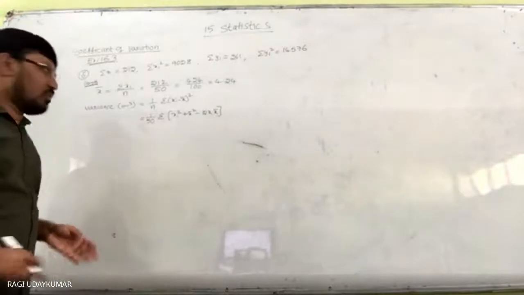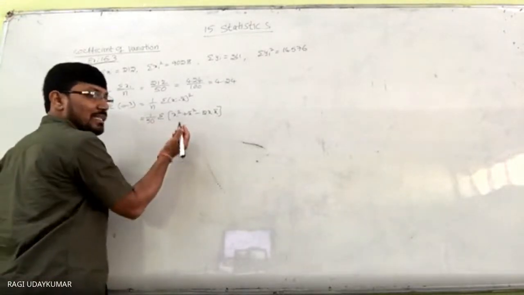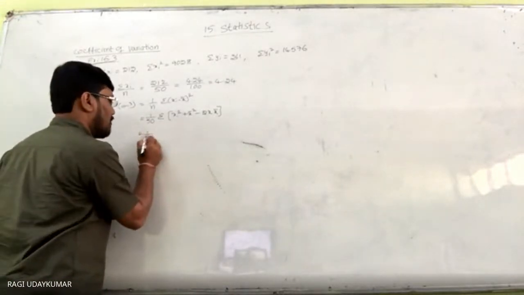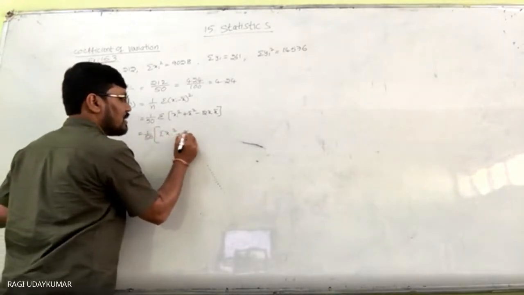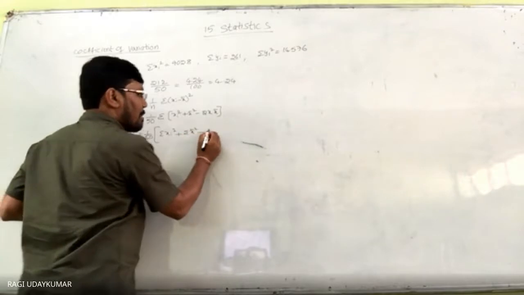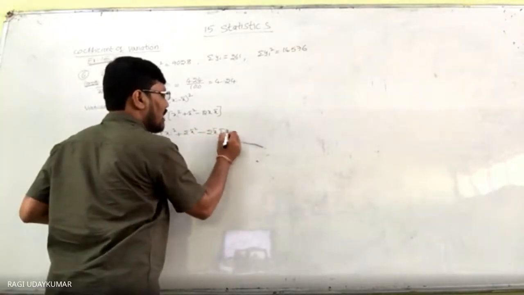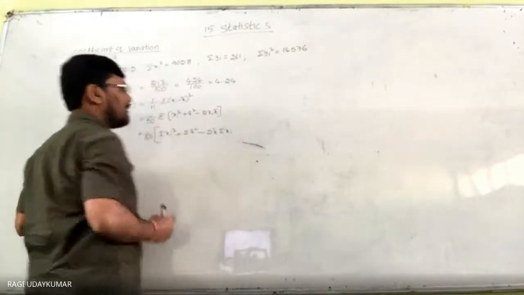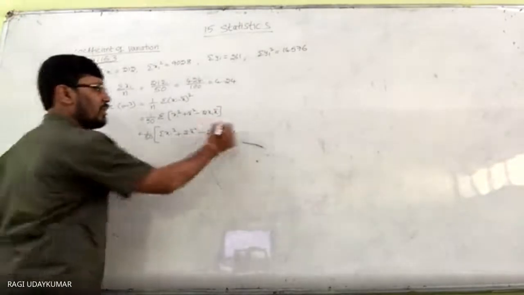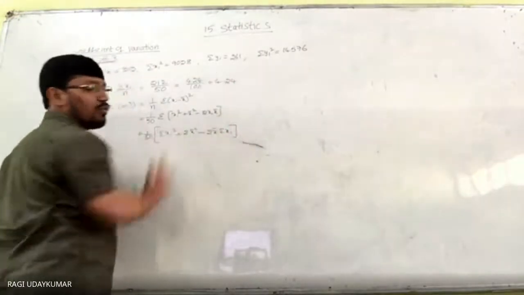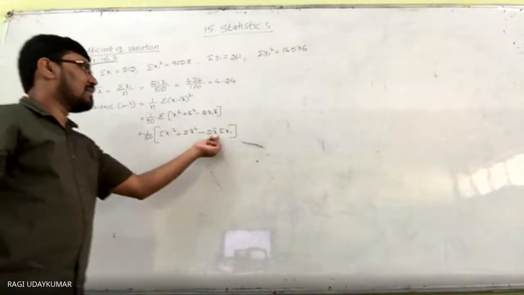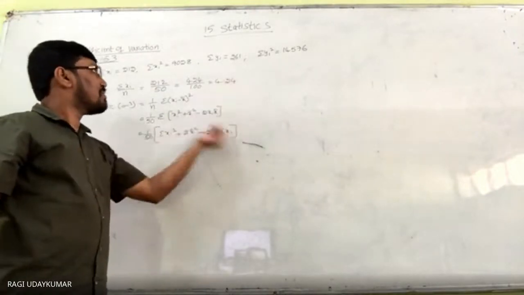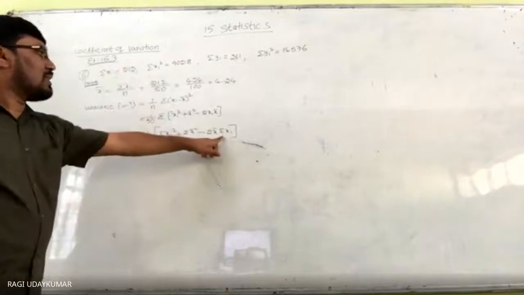Apply sigma: wherever x bar is there, that is a constant. So 1 by 50 into sigma xi square plus sigma x bar square minus 2 x bar into sigma xi, where x bar is equal to 4.24.